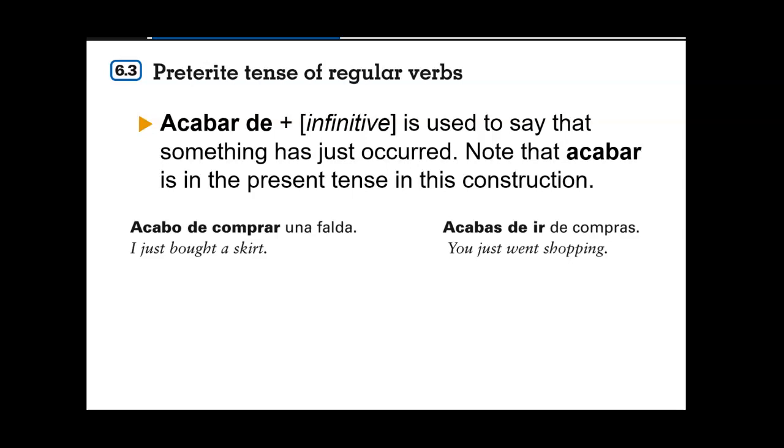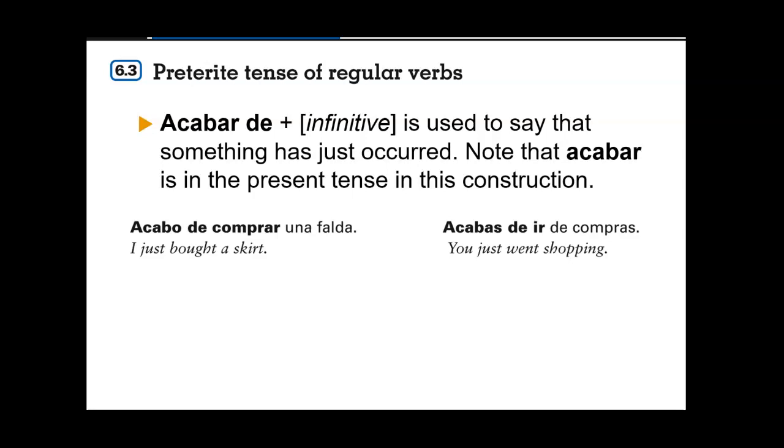Then you have this verb, acabar de plus an infinitive, which is used to say that something has just occurred. Note that acabar is in the present tense in this construction. So even though it's in the present tense, it's still noting that something just happened. Acabo de comprar una falda. I just bought a skirt.